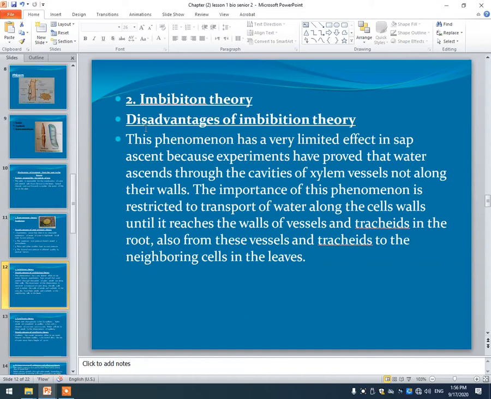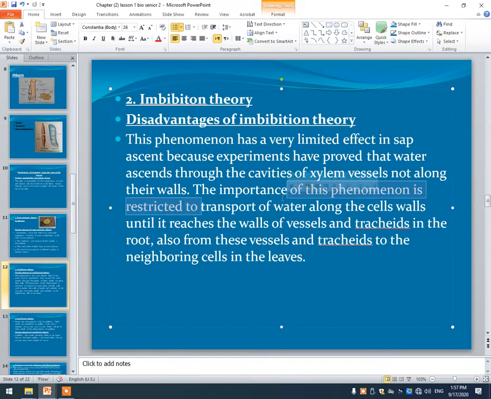This phenomenon has a very limited effect in sap ascent because experiments have proved that water ascends through the cavities of xylem vessels, not along their walls. The importance of this phenomenon is restricted to transporting water along the cell wall until it reaches the walls of vessels and tracheids in the root. Also, from the vessels and tracheids to neighboring cells in the leaf.